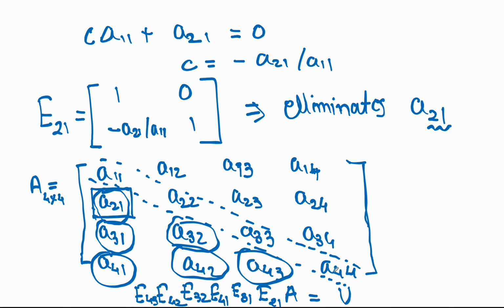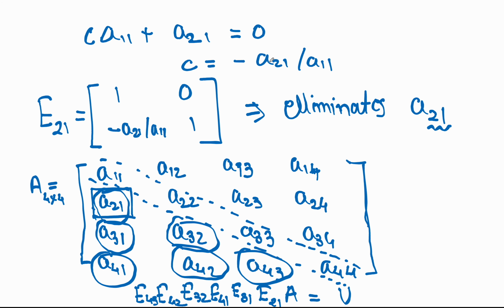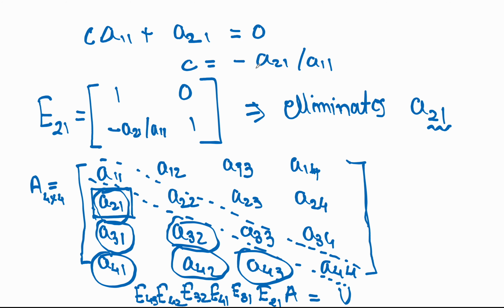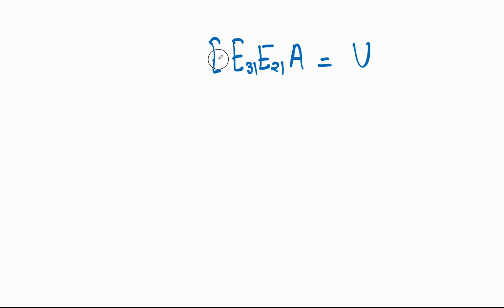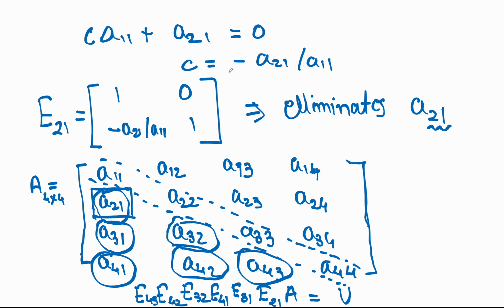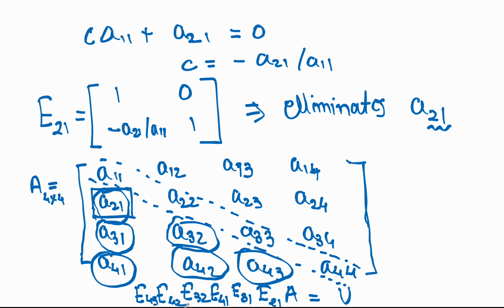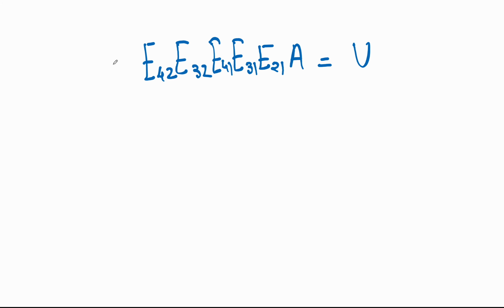Okay, so we can write this as U. The first elimination that we did is 21, then we did 31, then 41. Then E32, then E42, and E43 last.